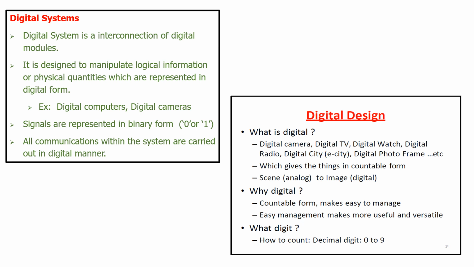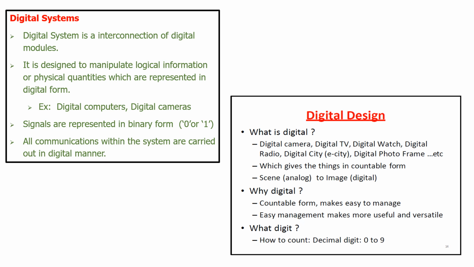Digital system design is nothing but an interconnection of various digital modules. For example, if I have a half adder or a full adder, we will have an interconnection of many logic gates. In the same way, in a big system, for example a laptop, you will have many subsystems or many digital modules, and all of those have to be interconnected.